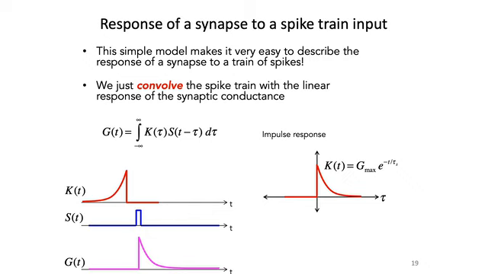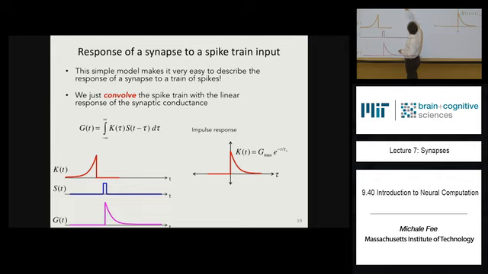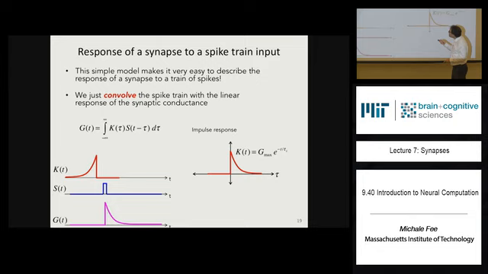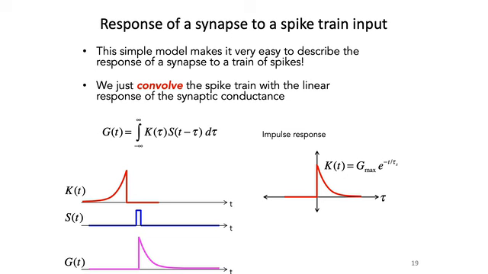I'm integrating over tau, but this has tau and that has a minus tau, and it's shifted by a time t. So I put the kernel at time t and integrate the product of the kernel and the stimulus. What do I get if I multiply this times this? 0. And so at that time, I write down a 0.